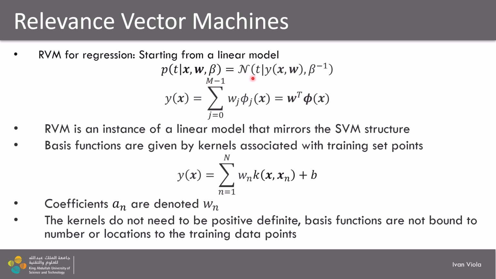This is basically a Gaussian distribution with the mean and with the variance, where the beta inverse is the variance. And as we know, the mean here will be equal to the linear combination of weights and the feature vector.